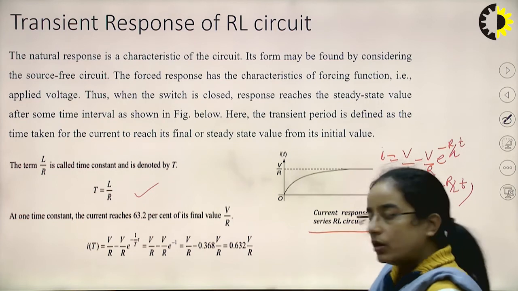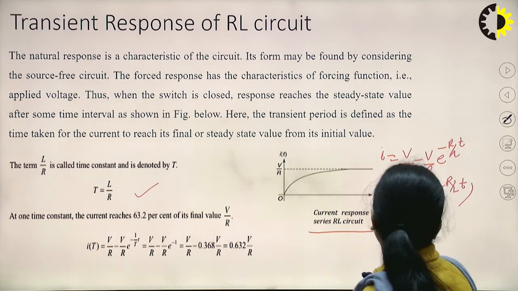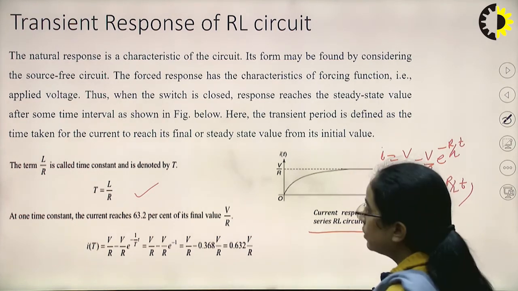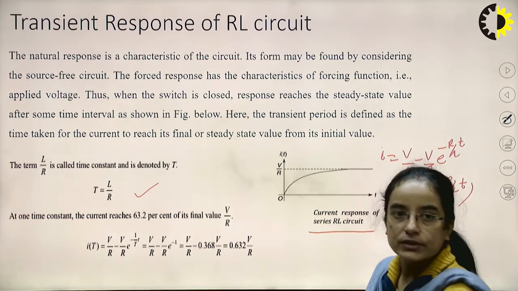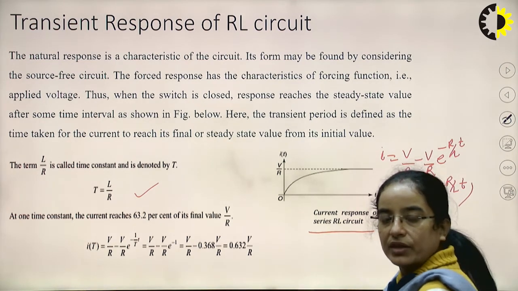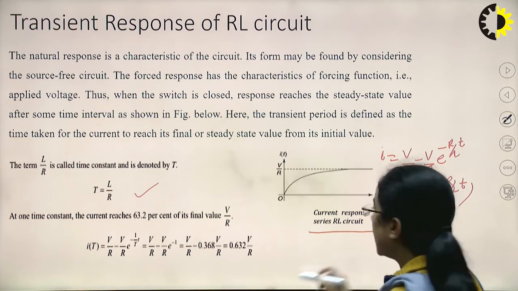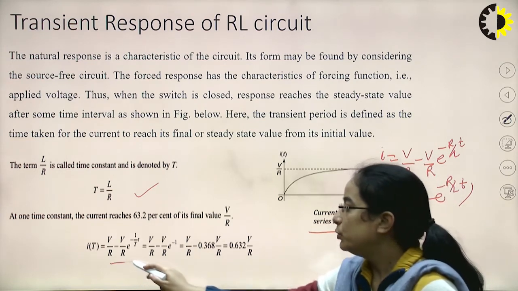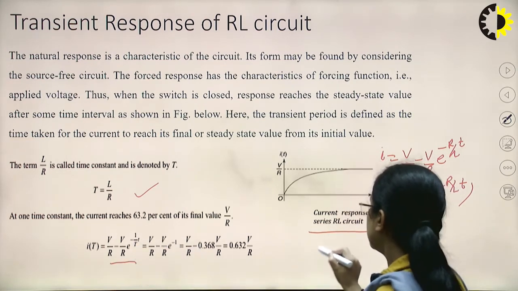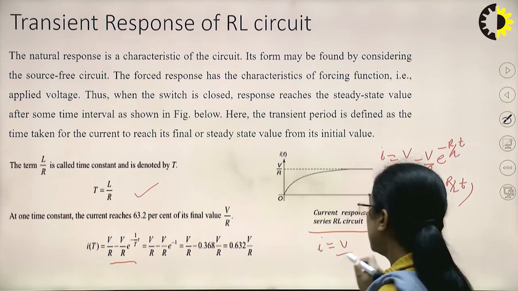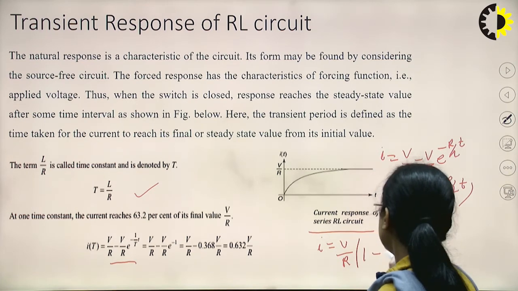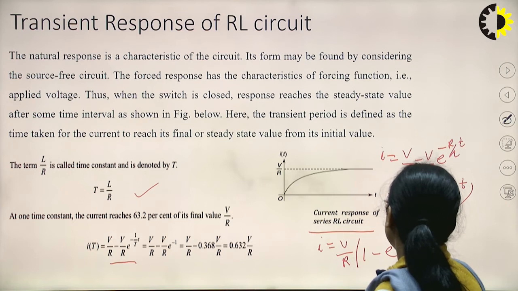So we will write this as i equal to V by R (1 minus e to the power minus T by T).